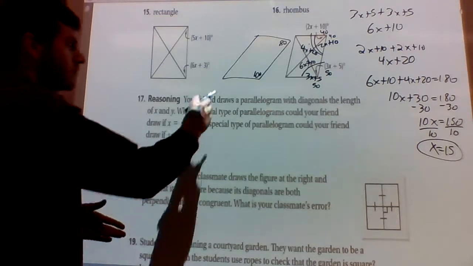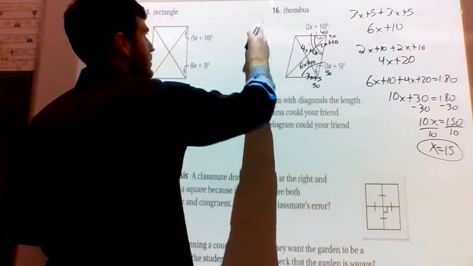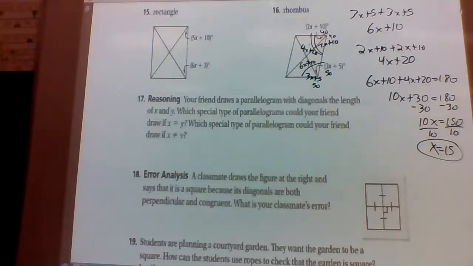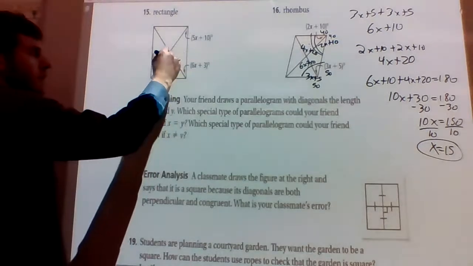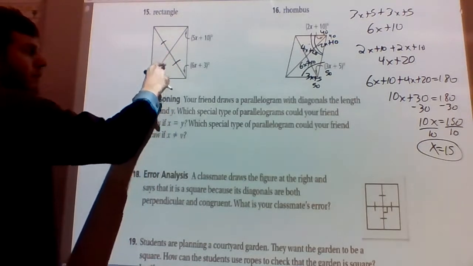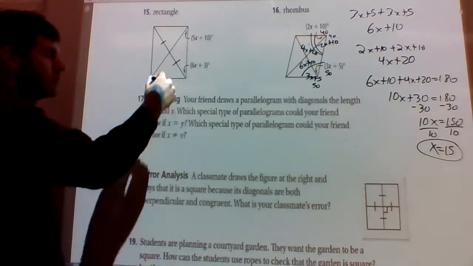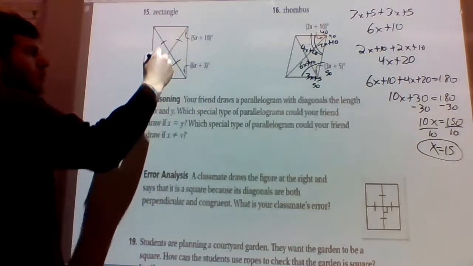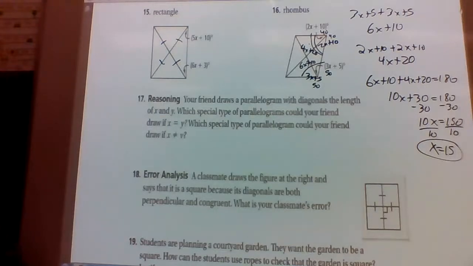We can do 15. All right. Again, in a rectangle, we know diagonals are congruent. And we know the diagonals bisect each other. So like we said in the previous problems, all four of these are going to have to be congruent.